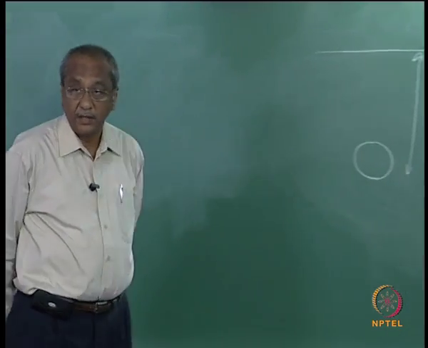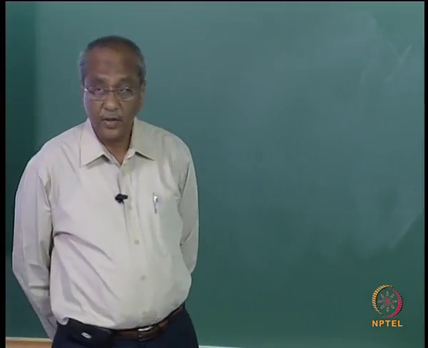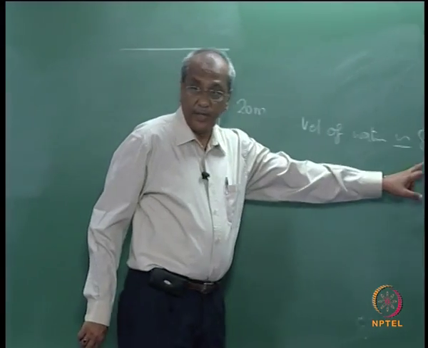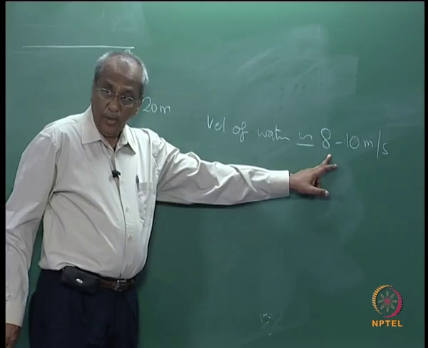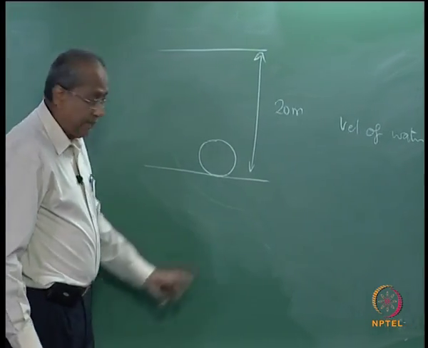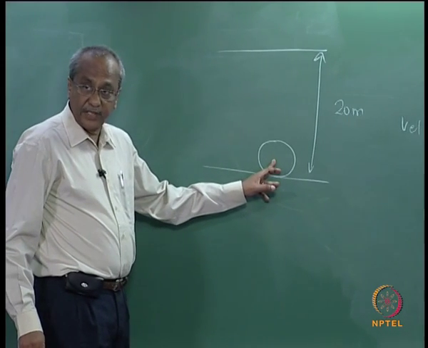This is somewhere along Gujarat. So you can imagine with this kind of speed, the pipeline is resting on the bed and we need to have a protection for the pipe.